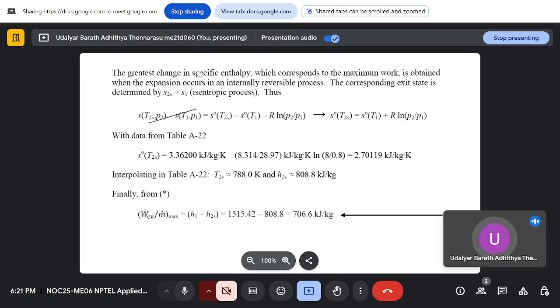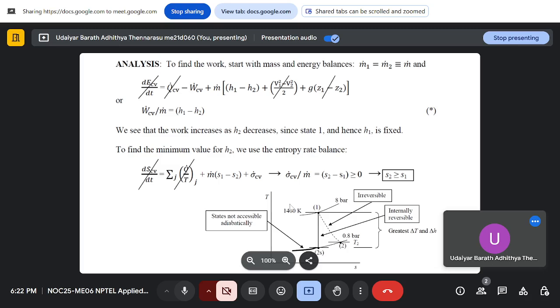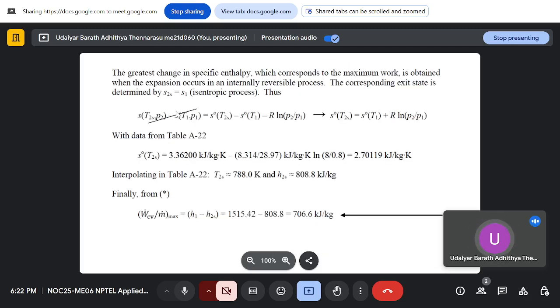The greatest change in specific enthalpy, which corresponds to maximum work, is obtained when the expansion occurs in an internally reversible process. So the corresponding exit state is when S2S equals S1. Your entropy at inlet equals the entropy at the exit, which is R ln(P2/P1).